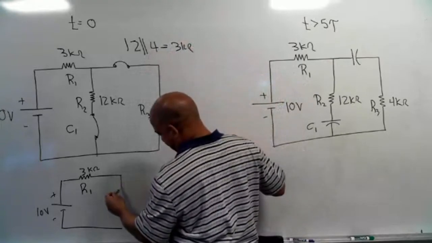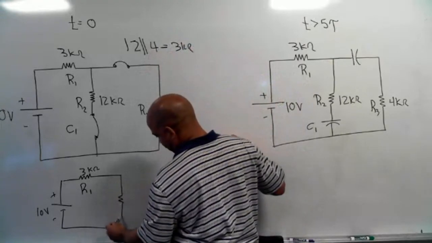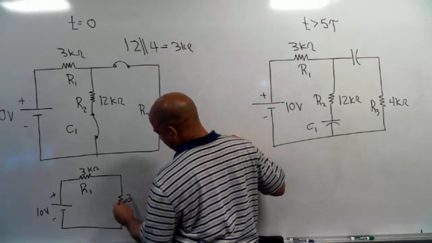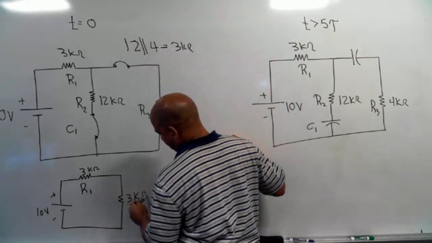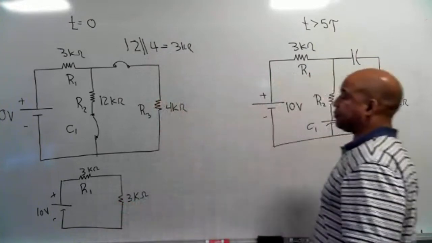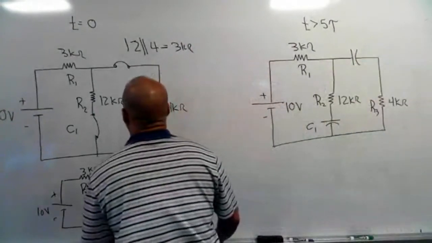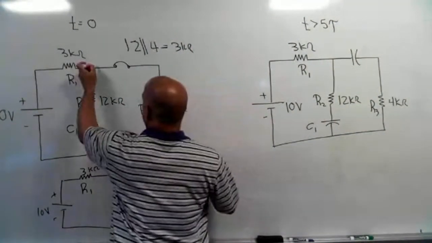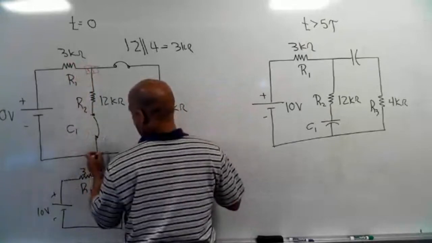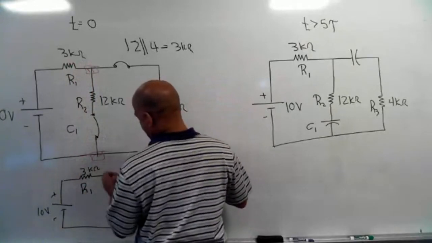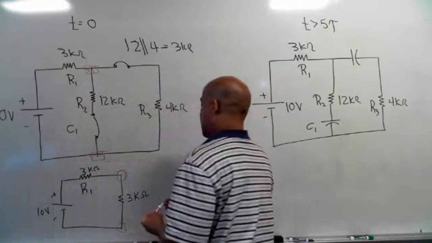Over here, I have 3K ohms. Now, this point and this point are right here and right here in the circuit.